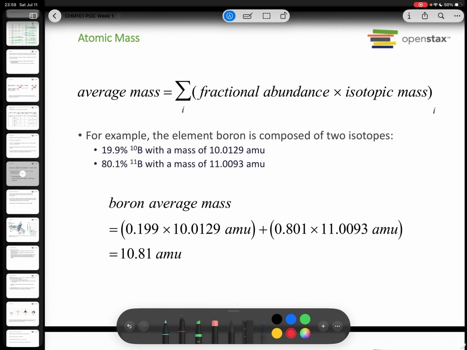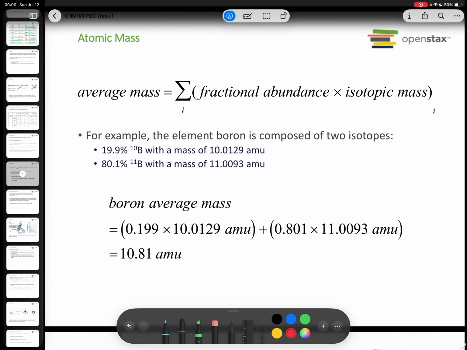So for boron, 19.9% is boron 10 with a mass of 10.0129 AMU, and 80.1% is boron 11 with a mass of 11.0093 AMU. So convert nyo yung percentage nito to decimals. So yung 19.9% tsaka 80.1%. So 0.199 tsaka 0.801.